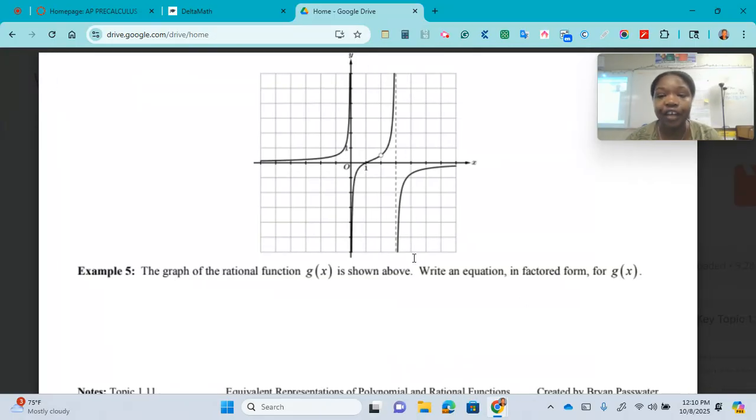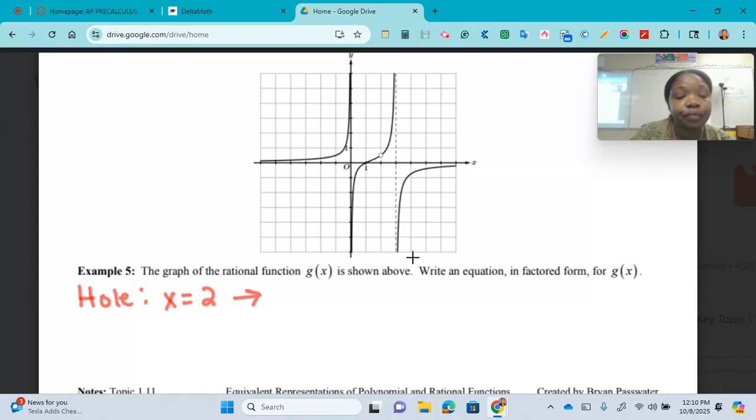This is g of x. What do you examine? What have you examined? We have a hole at what? x equals 2. So we have a factor of x minus 2. Excellent. That's going to be in the numerator and the denominator. Excellent.